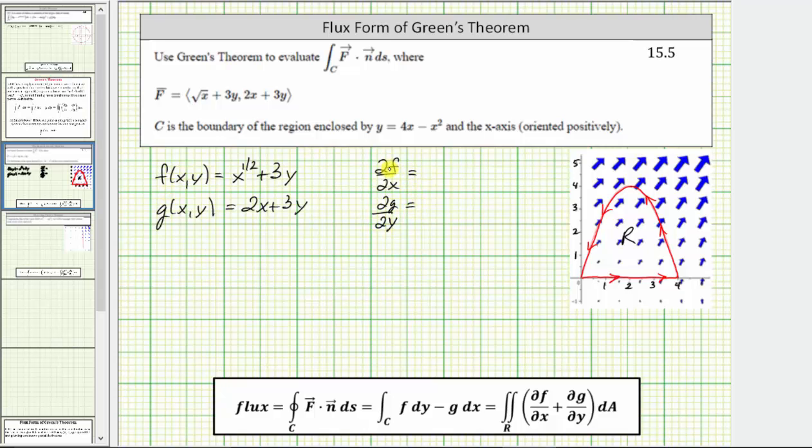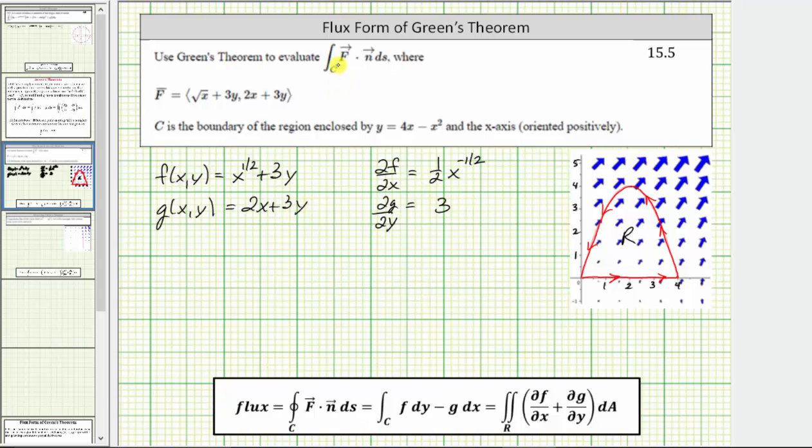Looking at f, the partial of f with respect to x is equal to 1/2 times x raised to the power of 1/2 minus 1, which is negative 1/2. The derivative of 3y with respect to x is 0. And now for the partial of g with respect to y, the derivative of 2x with respect to y is 0. The derivative of 3y with respect to y is 3.